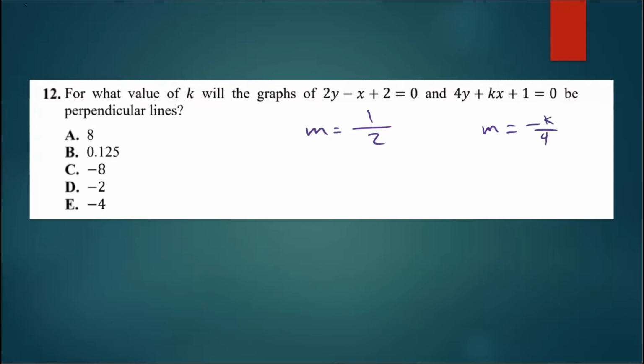To make them perpendicular, it should be -2, the negative reciprocal, and that should equal that one. Cross multiplying, -8 equals -k, and k equals 8. So number 12 is A.